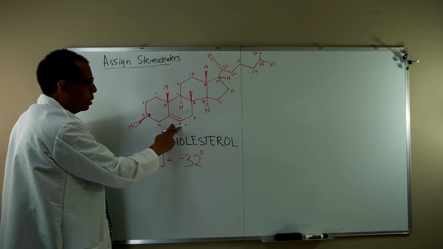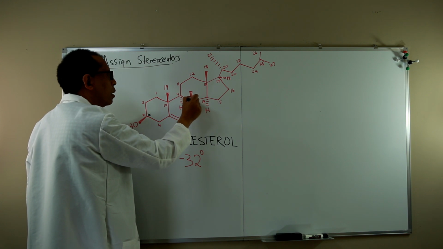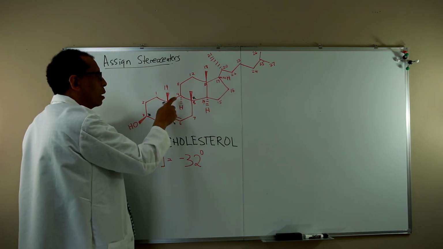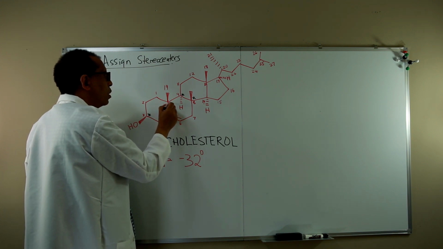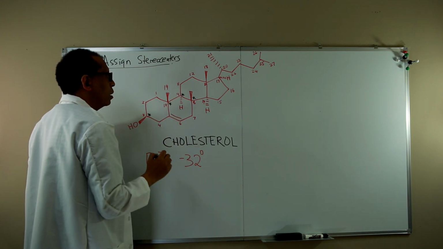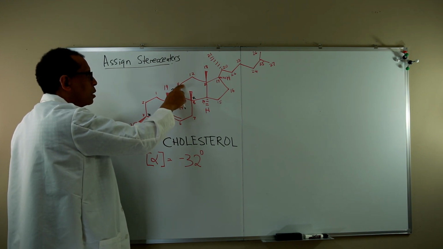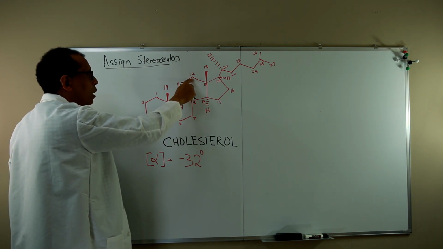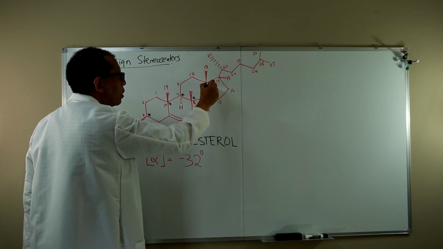Carbon 6 is not. 7 is not. Carbon 8 is a stereogenic center. Carbon 9 is a stereogenic center. Carbon 10 is a stereogenic center. When you go to carbon 11, it's not. 12 is not. 13 is a stereogenic center.